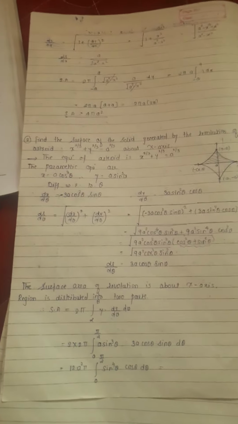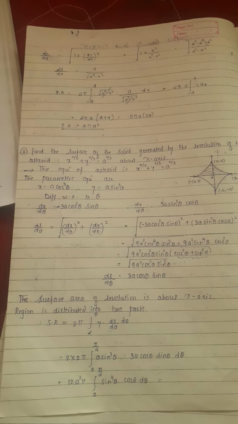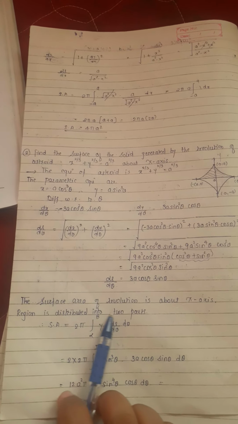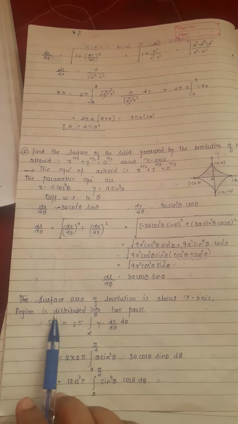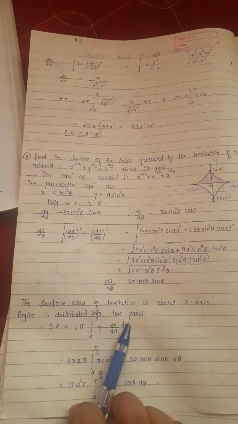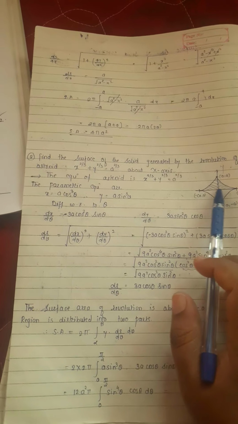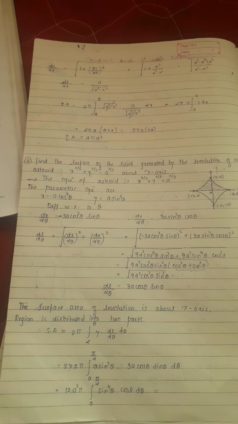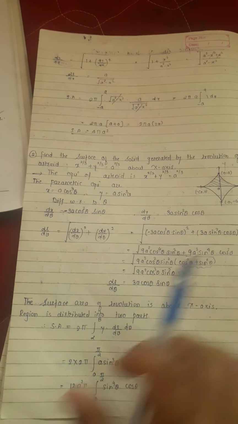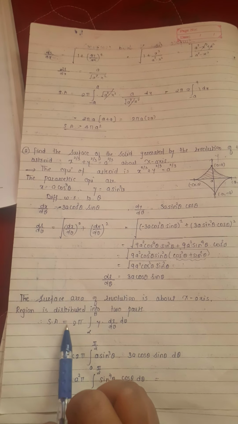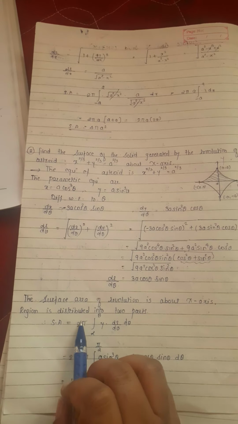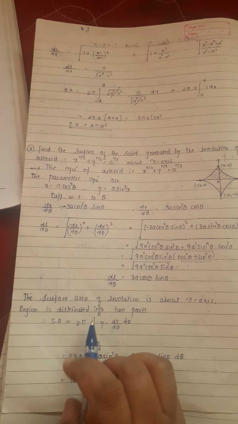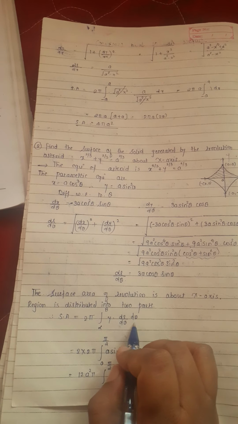Next, now to find the surface area. The surface of revolution is about the x-axis, so the region is divided into two parts. We have seen the upper half is divided into two quadrants, the first quadrant and the second quadrant. So the surface area, due to two quadrants, becomes 2 times 2 pi, integral from alpha to beta of y ds by d theta into d theta.